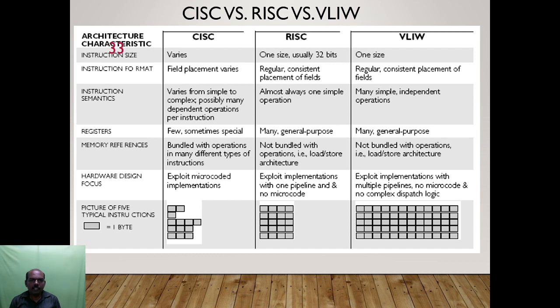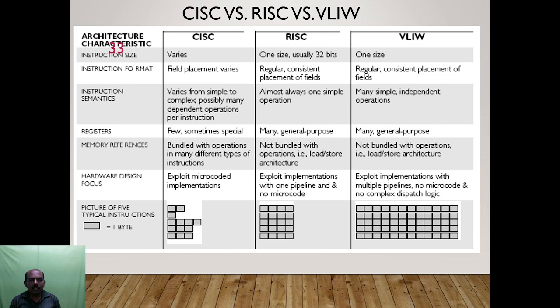The next characteristic, registers. In CISC, registers are few, sometimes special. In RISC, registers are many, general purpose. In VLIW, many general purpose registers.